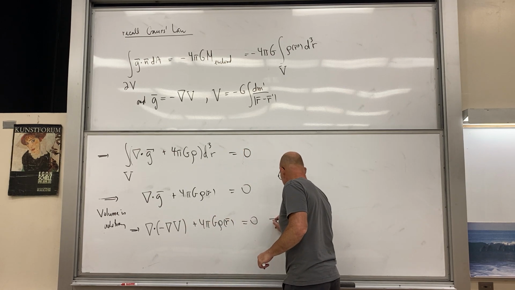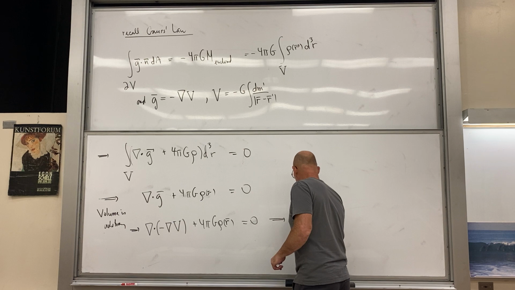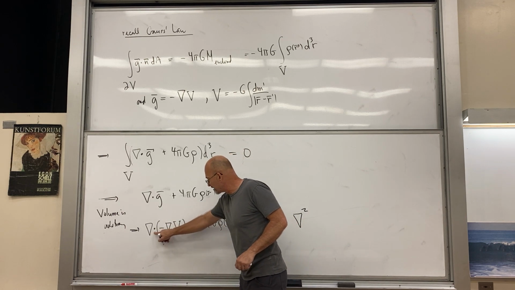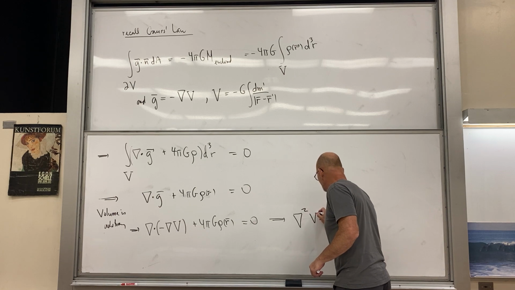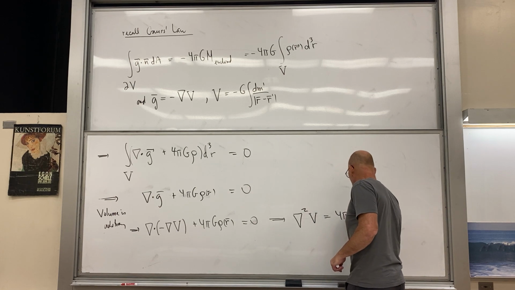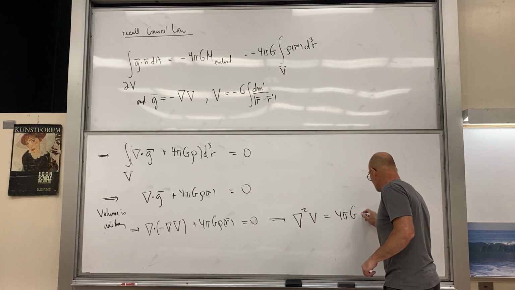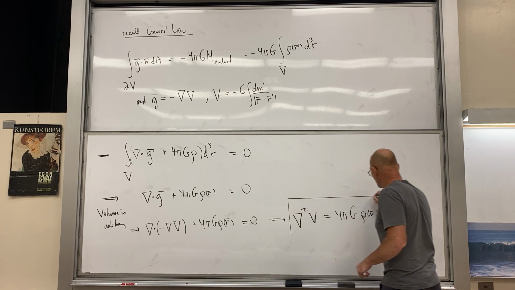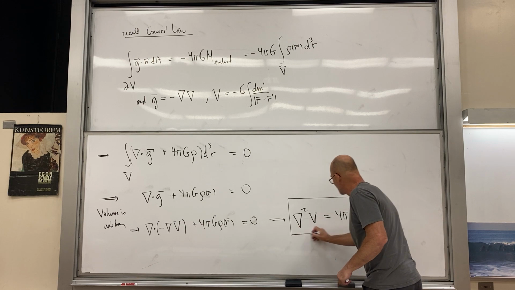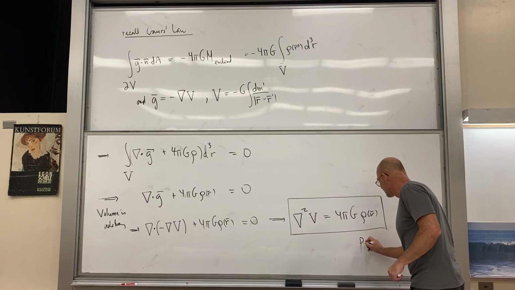We'll distribute this as follows. This gives us del squared, div grad V, is equal to 4 pi G rho of r. So this is Poisson's equation, an important differential equation.